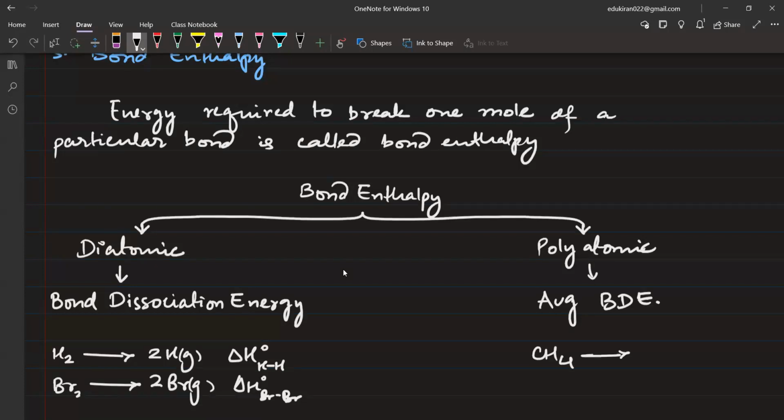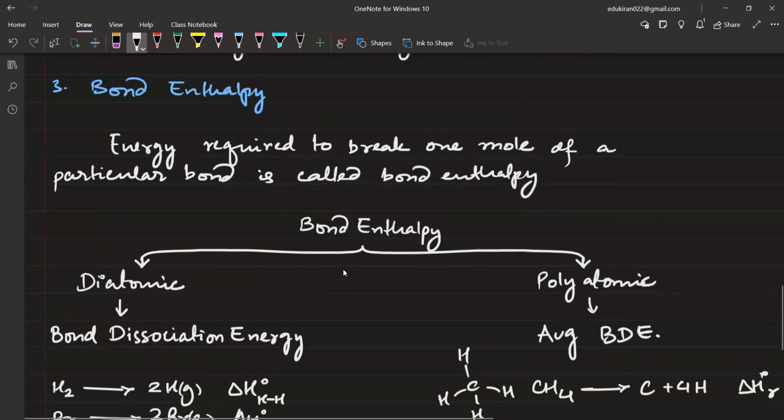If you break all the bonds of CH4, you will get a carbon atom and 4 hydrogen atoms. और इसका कुछ delta H naught R आपके पास होगा, if you take 1 mole of CH4. But if you look here, how many CH bonds are there in CH4? 4, right?